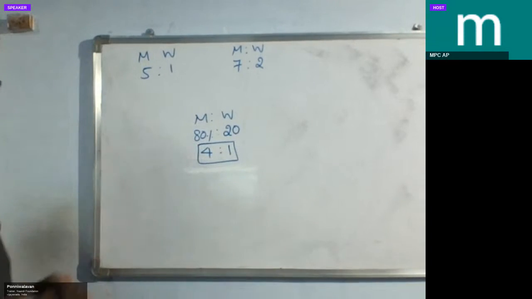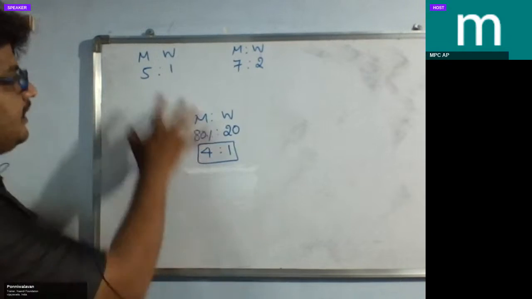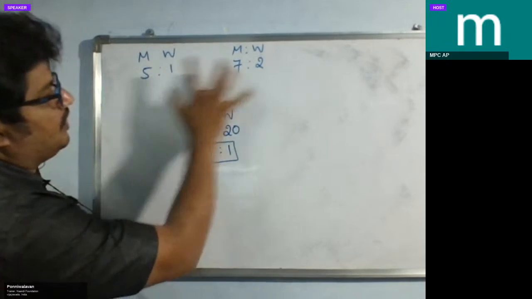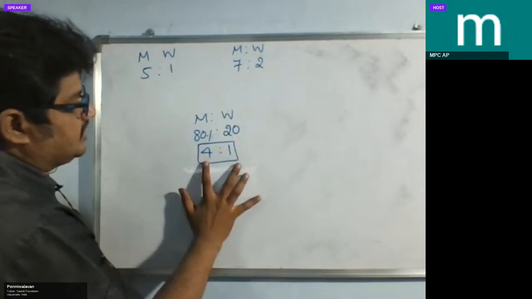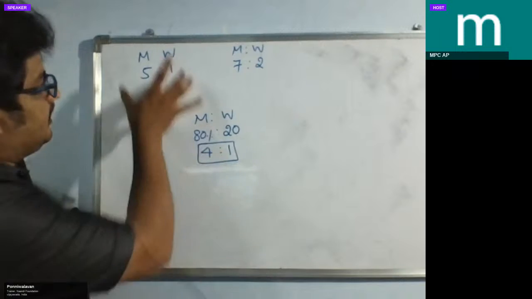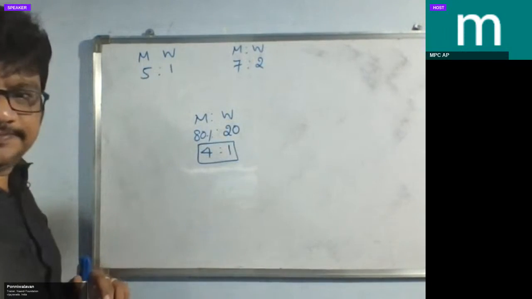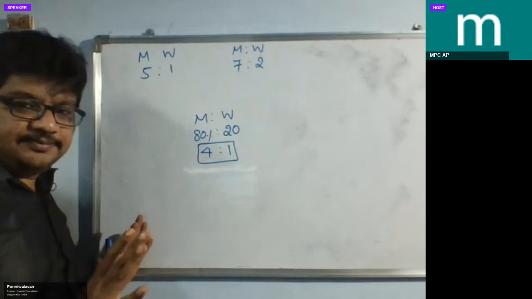That means, listen carefully, 5:1 and 7:2 mixed produced 4:1. Clear?